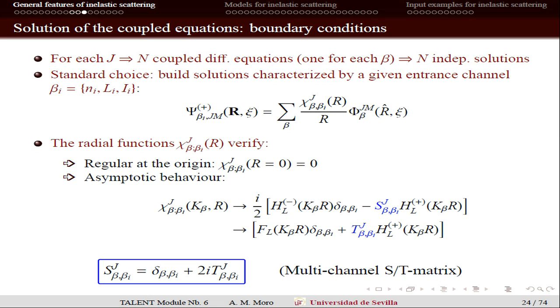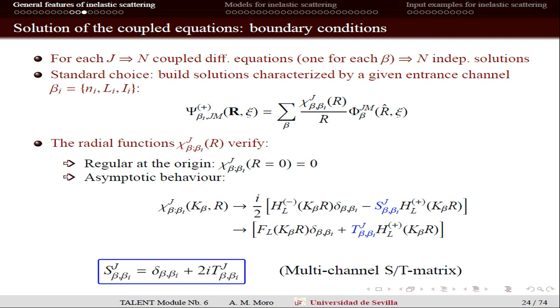Now, remember, our boundary condition is that we start with some beta I. This is our initial channel, but we can end up with a different beta. So now the S matrix is actually a matrix. Now it's properly a matrix, because for total J we have all possible combinations of beta I and beta.